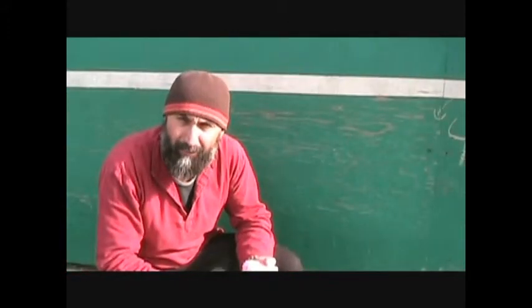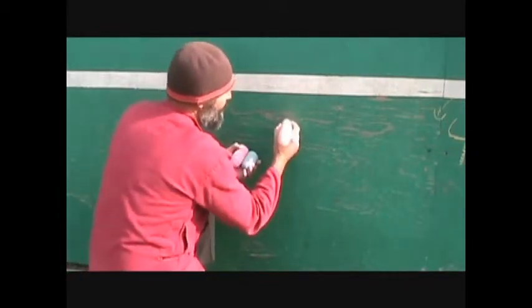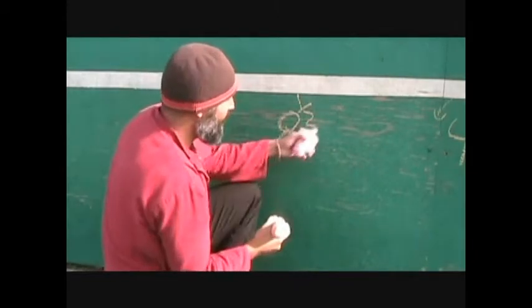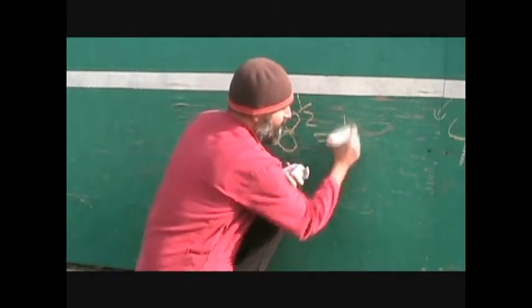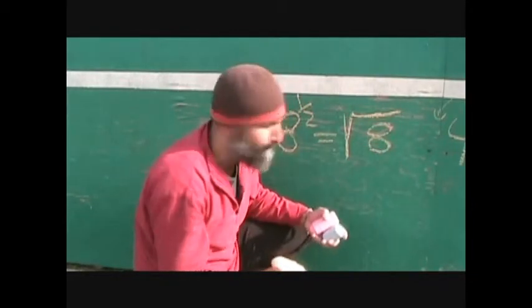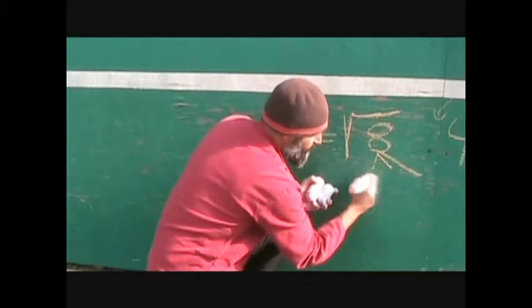Now, this applies to any number that's in the root. So for example, actually let's do one more square root first. Let's say if I said, hey, what's 8 to a power of a half? Well, 8 to a power of a half is square root of 8, right? Square root of 8 is, let's see what it is. It's 2 times 2 times 2.